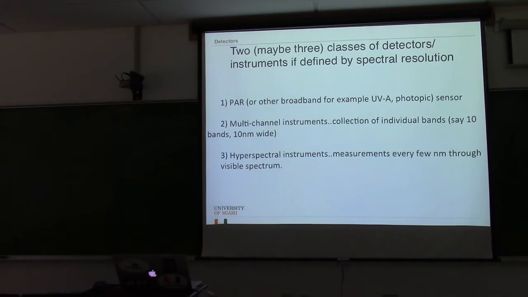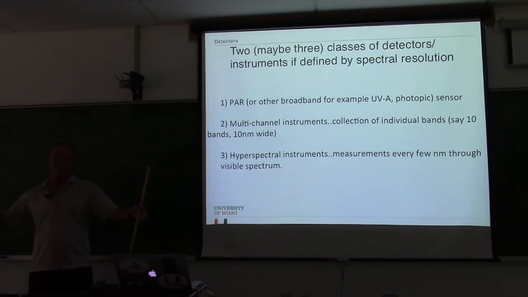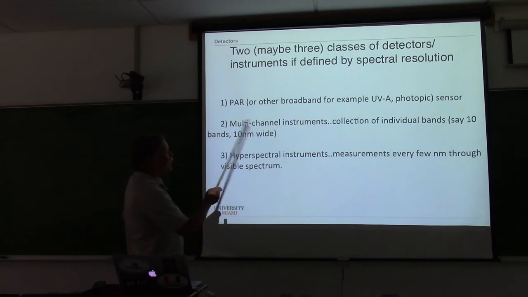So we have two, maybe three classes of detectors that I'm going to describe based on their spectral resolution. The first we're going to go through is PAR or some other broadband, so things that have bands that are very, very wide. Maybe you're only measuring one spectral band at a time. PAR is an example.